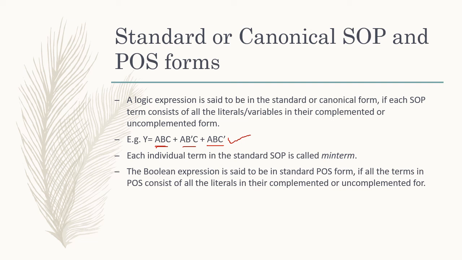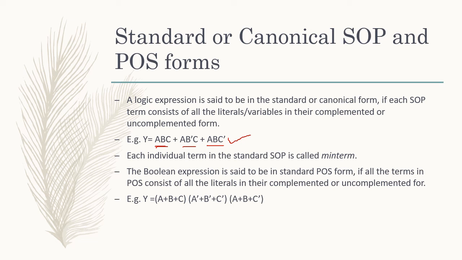And the Boolean expression is said to be in the standard POS form if all the terms in POS consist of, same for the POS also, all the variables present in each term, whether they are in the complemented or uncomplemented form. If all of the variables are present in each and every term, then we can say that the equation is in the standard POS form.